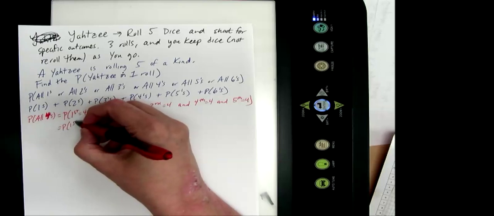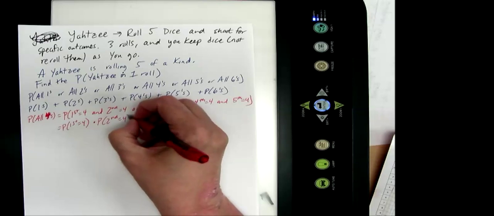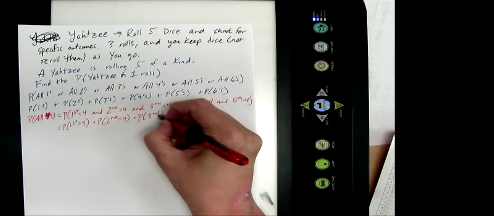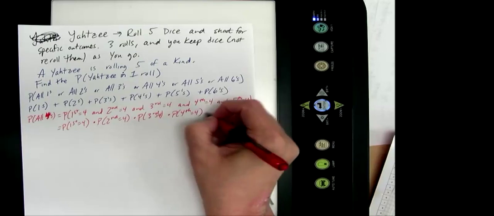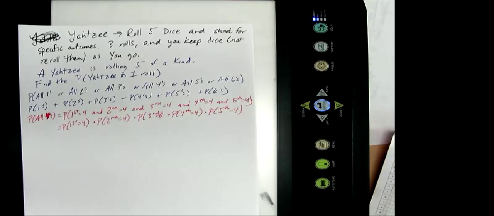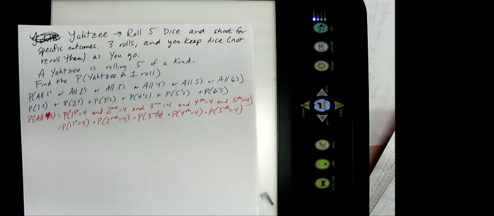This is the probability the first equals 4, times the probability that the second equals 4, times the third, times the fourth, times the fifth.